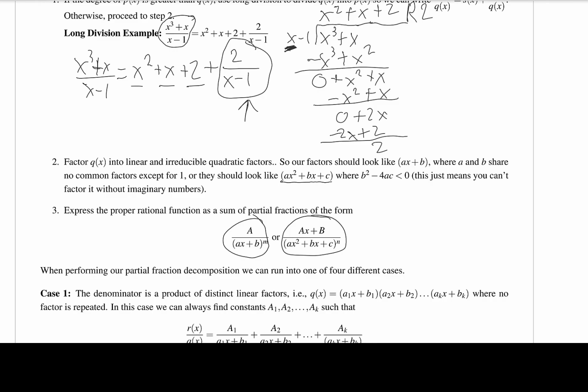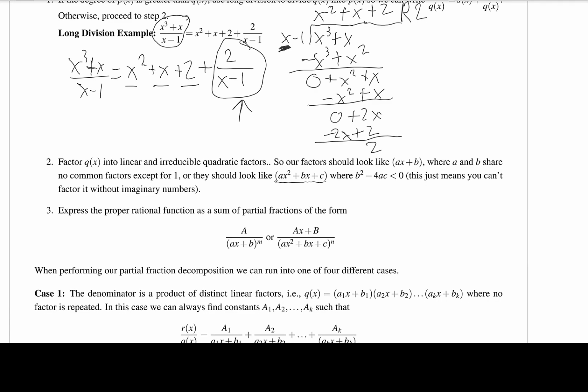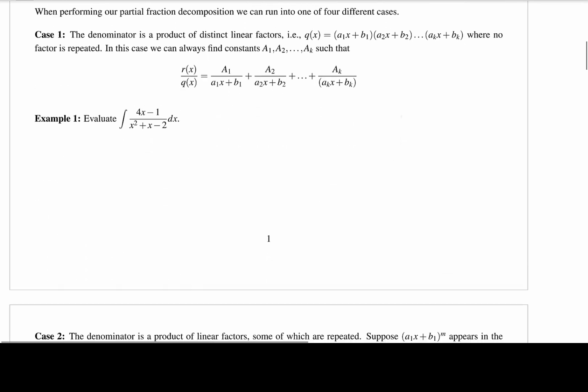What this is saying is that when we have a linear factor on bottom, we just put one constant up on top. When we have a quadratic factor on the bottom, we're going to have a constant times x plus another constant. This probably isn't making too much sense right now, but hopefully it will once we start doing some examples. So let's look at case 1.